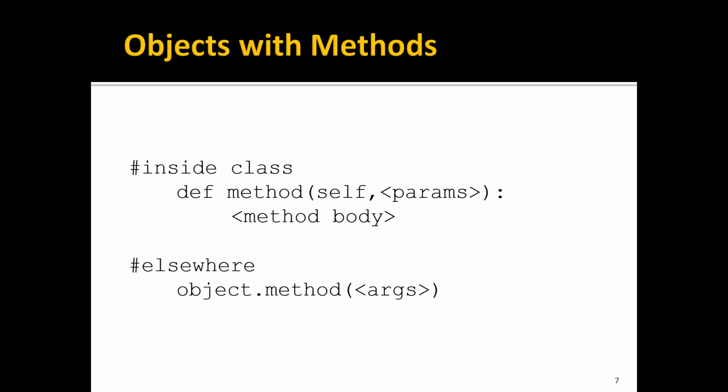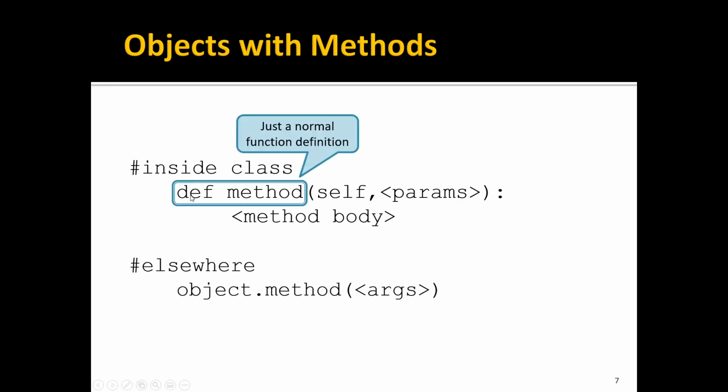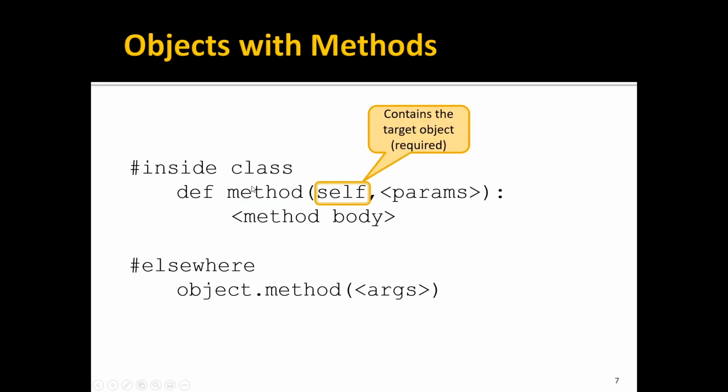The syntax for constructing a method is pretty similar to constructing just a regular function, but is done inside a class. So somewhere inside our class definition, we have the keyword def here, which represents just a normal function definition, and then some method name that we want to specify, so bark or fetch or append. Now the main difference is that we have this required parameter.